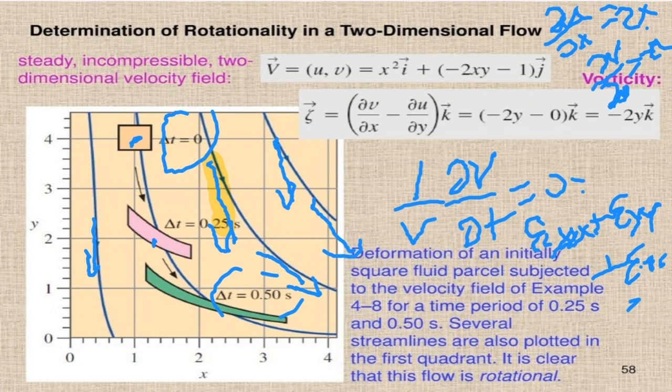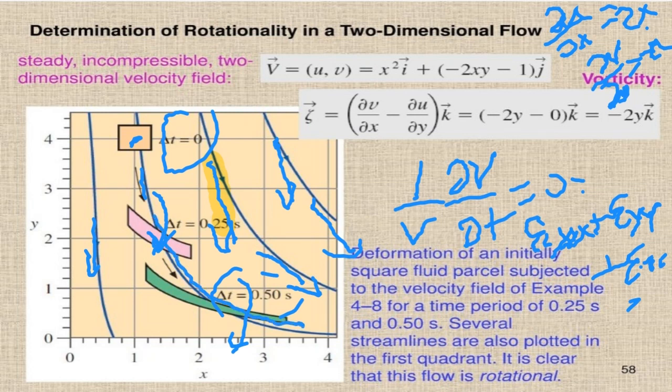And the definition of vorticity is given as dv/dx minus du/dy, k. So can you see that the fluid particle is rotating clockwise? It was here, it has rotated like this, it has rotated more. So it's rotating in the clockwise direction as it moves along the path, right?